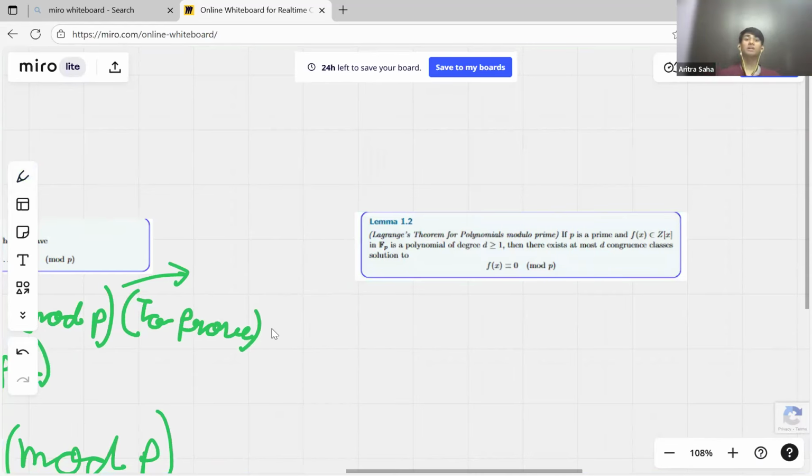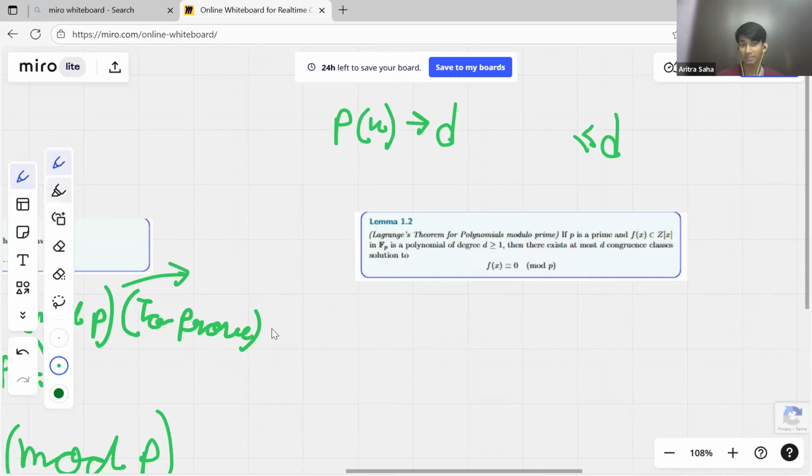You know that if some polynomial P(x) is of degree d, then it has at most d roots, because it can have repeated roots, so it has less than or equal to d roots. You have to prove that this is also true when you take the polynomial in Fp. Think of it as all the coefficients of the polynomial being reduced mod p.